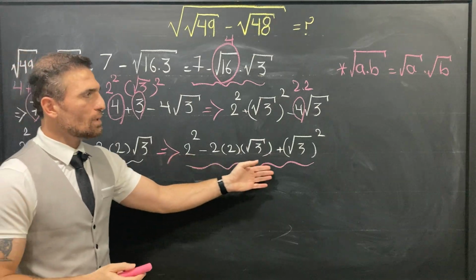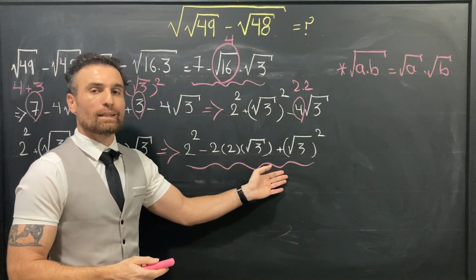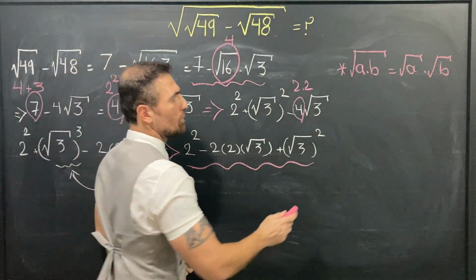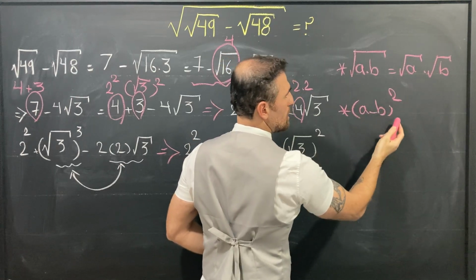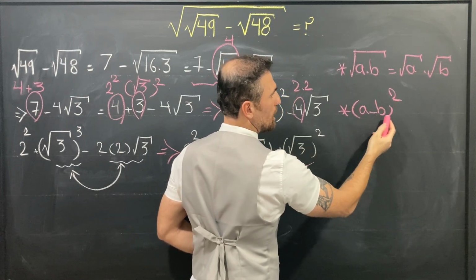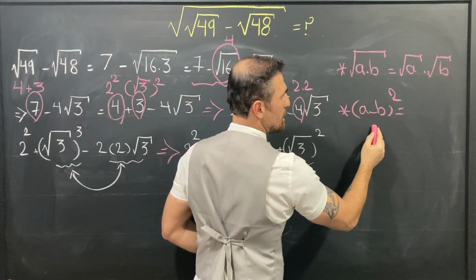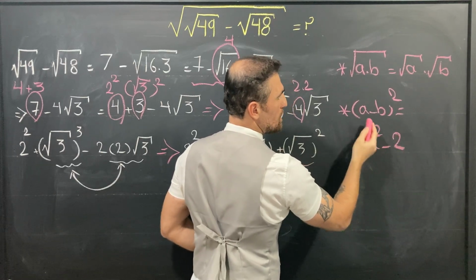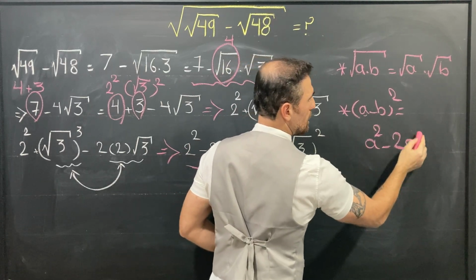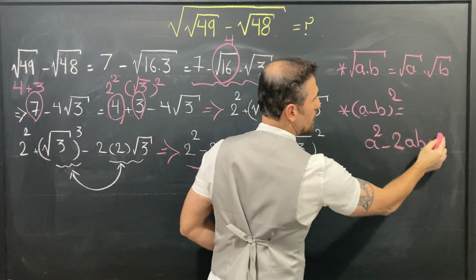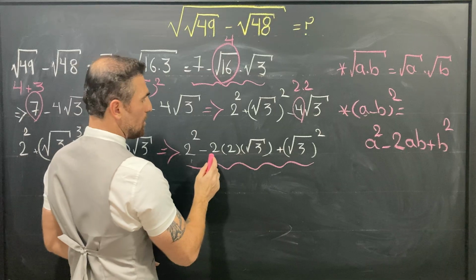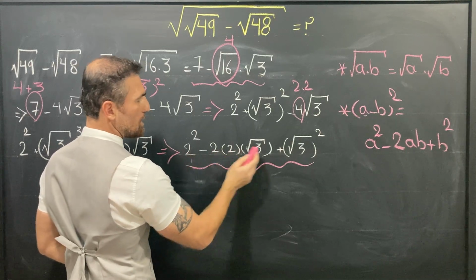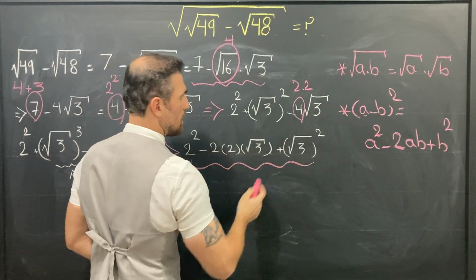Right. To continue the solution, I'm going to get help from an algebraic identity that says a minus b squared, the square of the difference of two terms, is going to be first term squared minus twice the product of the first term and second term plus second term squared.